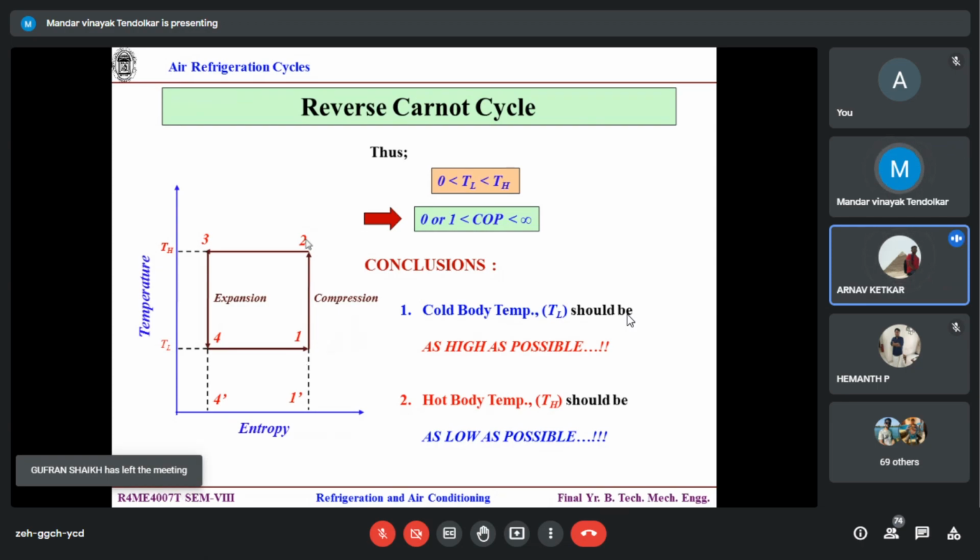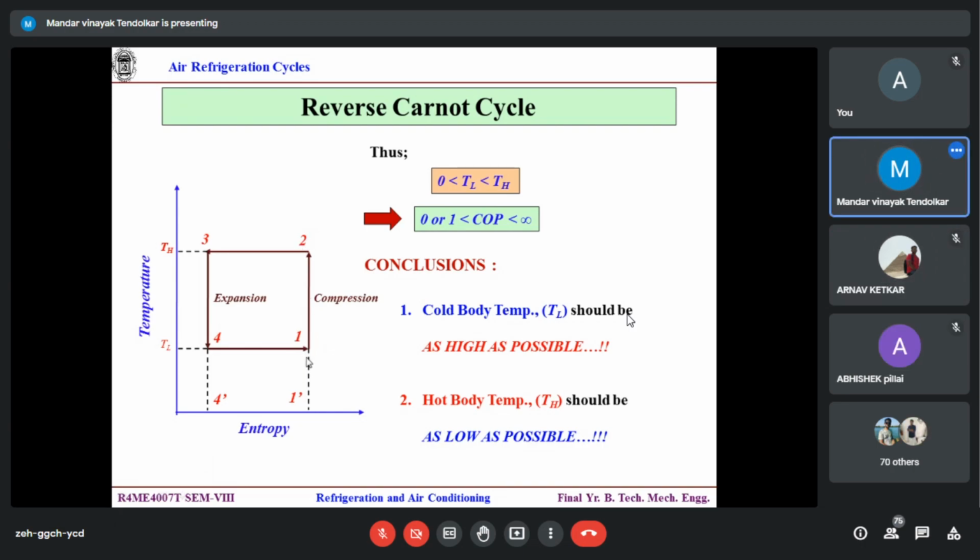When you execute an isentropic process, it has to be fastest possible. You're not allowing the heat to be transferred. And when you execute an isothermal process, it would be infinitely slow.